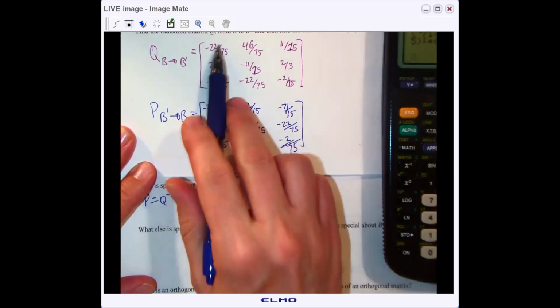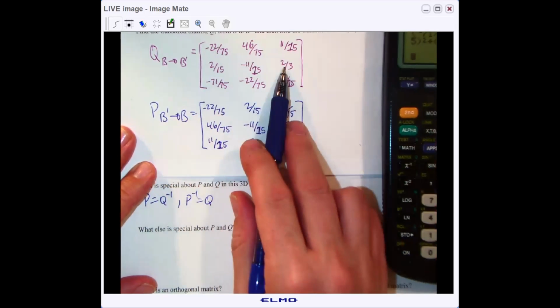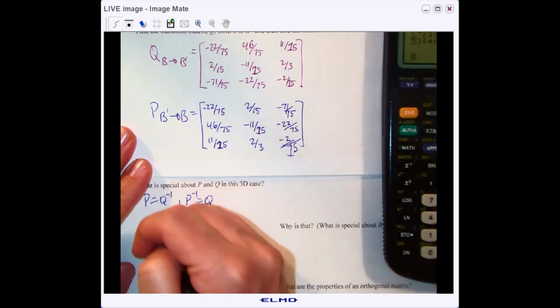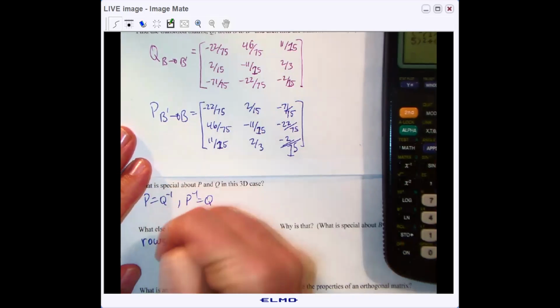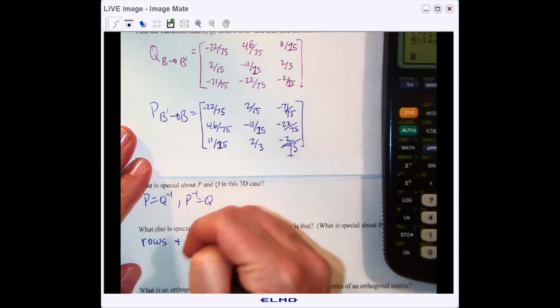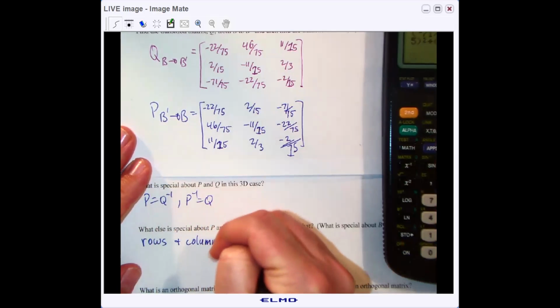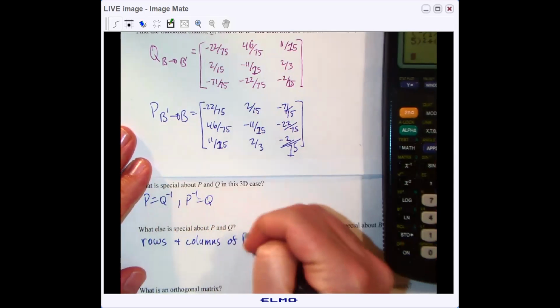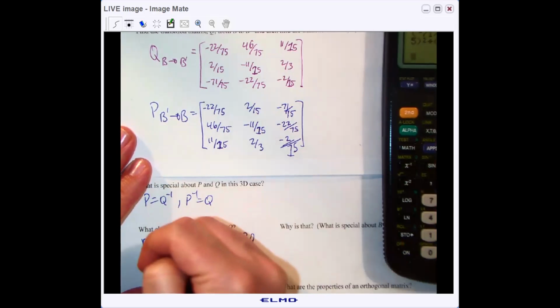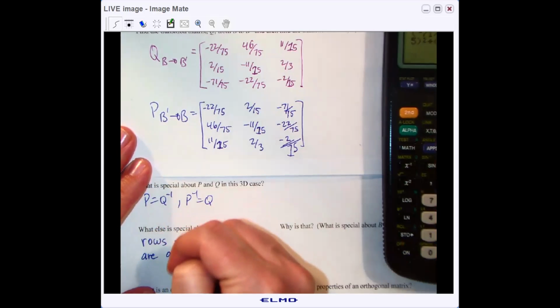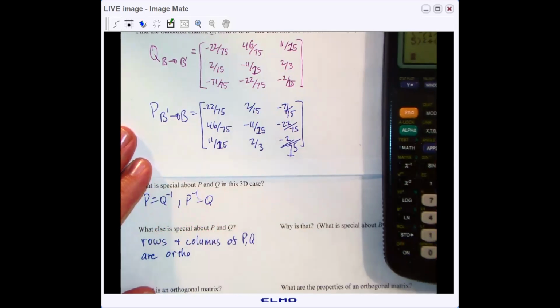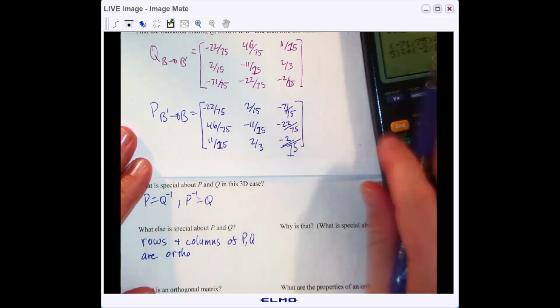You can double check that the row vectors are also orthogonal. So the rows and columns of P and Q are orthogonal, and they're each length 1, as we just saw here.